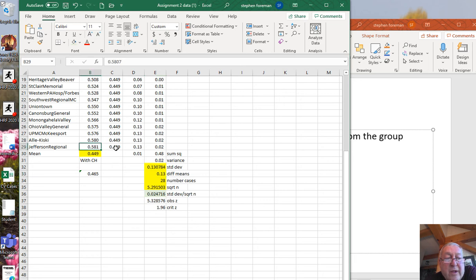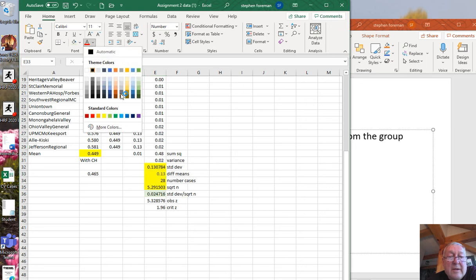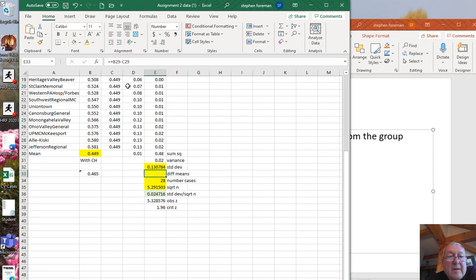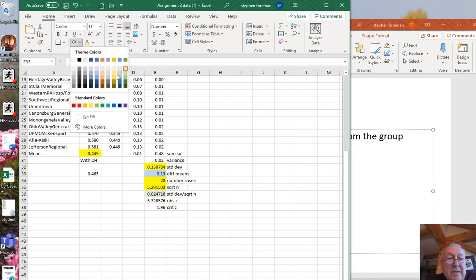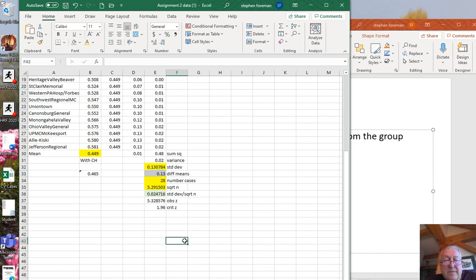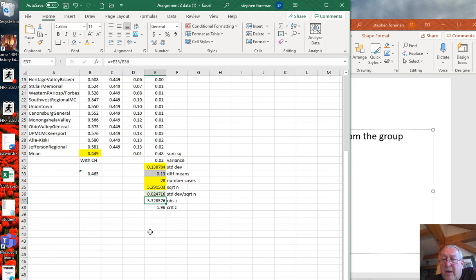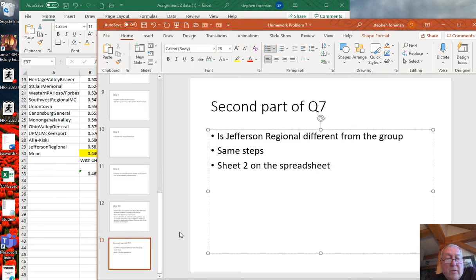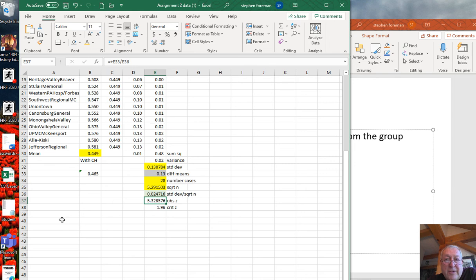So Jefferson Regional versus the mean, and that will change this. So our difference in means here is 0.13. And that will change our observed z to 5.32. But since it's larger again, we're going to reject the null even for Jefferson Regional.